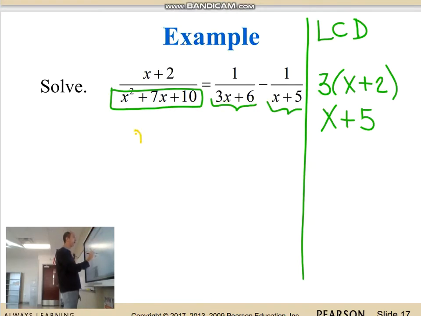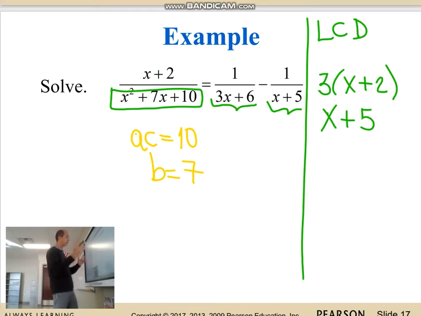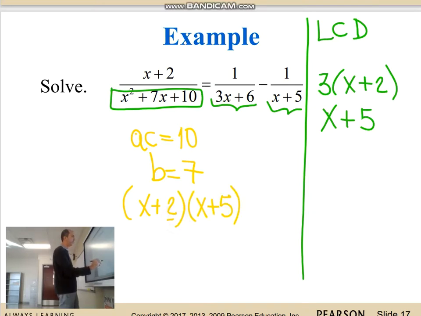We can apply the AC method, I think it's a good method to find the factors. A times c is 10, b is 7, so the two numbers whose product is 10 and whose sum is 7 are 2 and 5. 2 plus 5, 7, 2 times 5, 10.